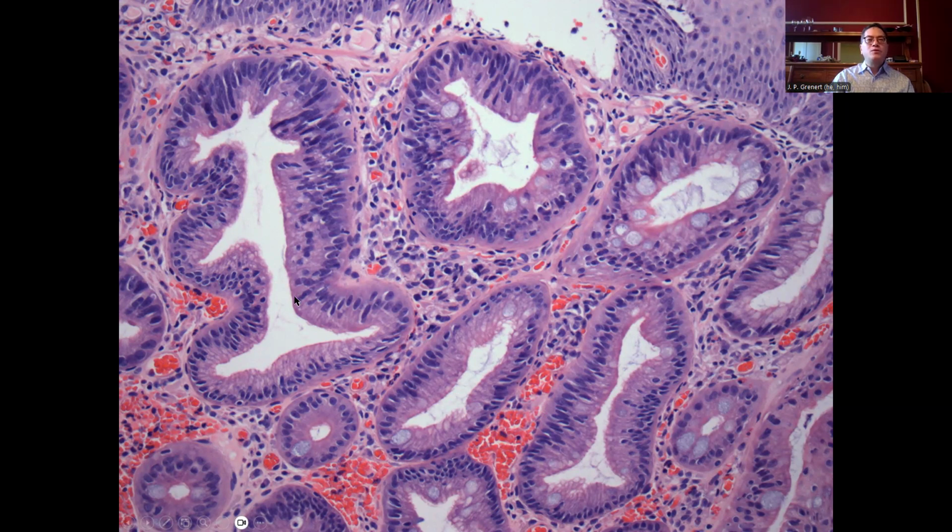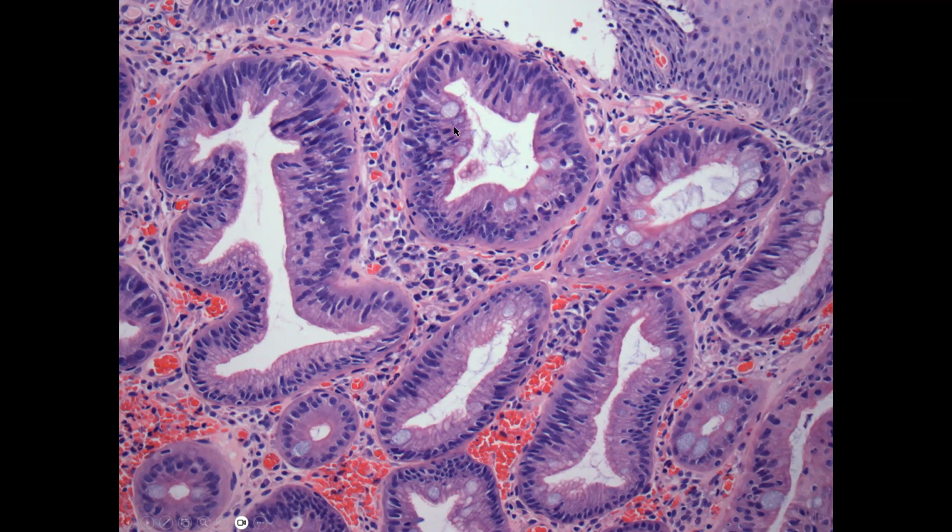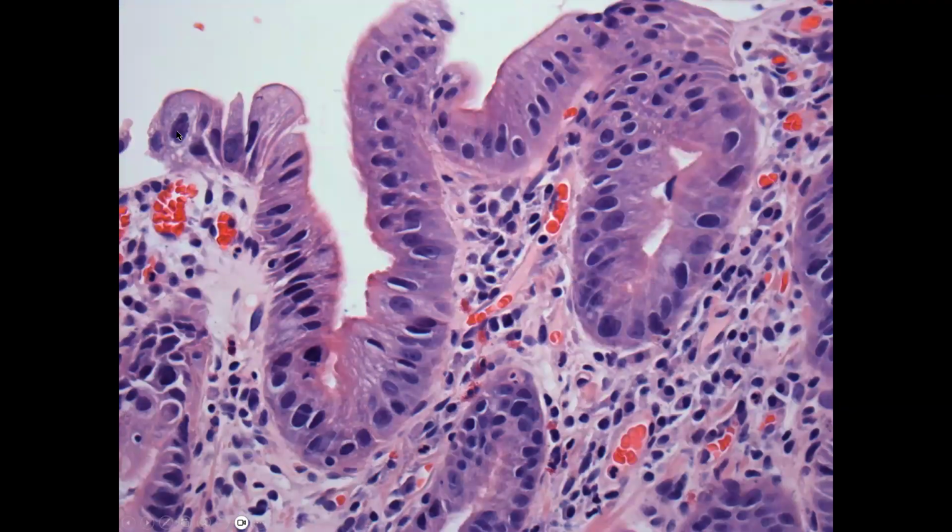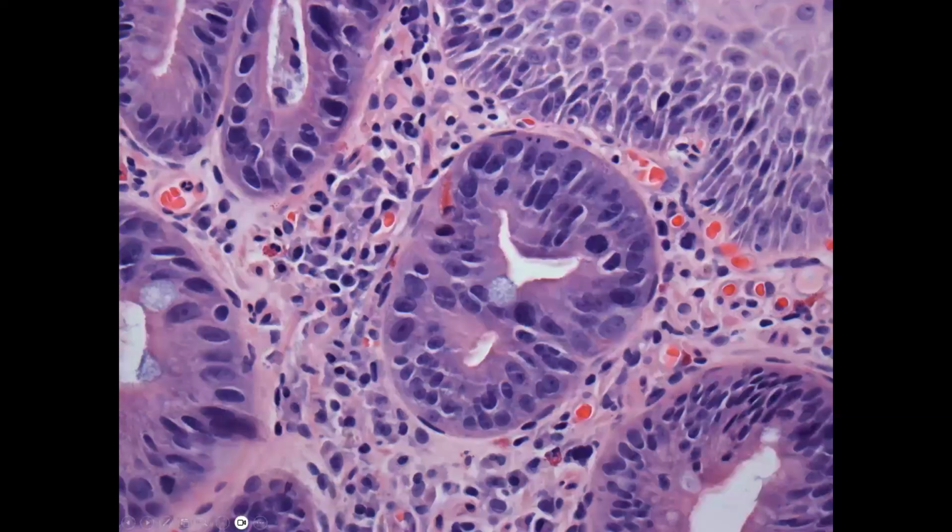They're creeping up almost all the way toward the surface in many places here. On higher power, we can see some pretty bizarre, very enlarged nuclei, quite a bit of variation in the size and shape of some of these nuclei, and very, very dark staining. So this is dysplasia occurring in Barrett's esophagus. And dysplasia here is similar to the kinds of dysplasia we'll see elsewhere in the body.